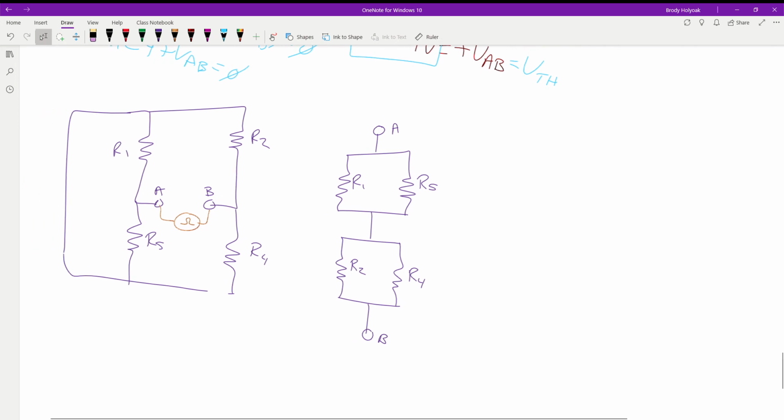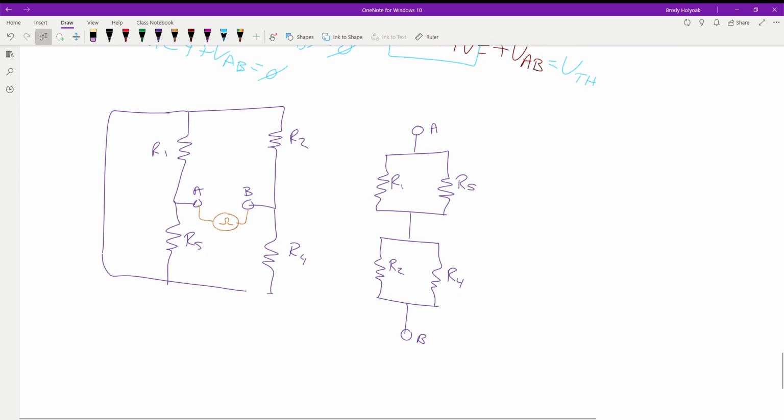So when you're looking at these guys, physically go through and redraw how they're connected. So in this case, we've got R1 is connected to R5, R2, and R4. And R4 is connected to everything else. So now when we get this, our R Thevenin, our RAB, is equal to R1 in parallel with R5. That's in series with R2 in parallel with R4.